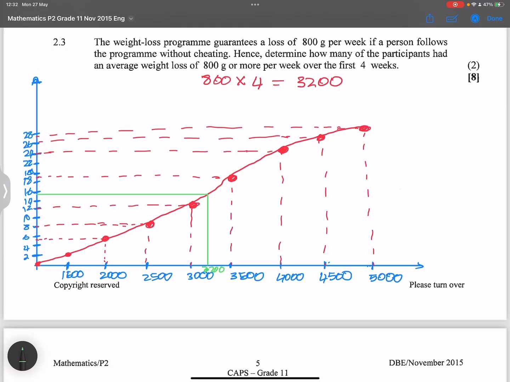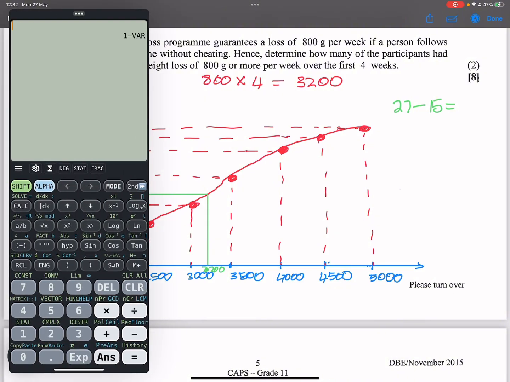So how many people would that be? That's going to be 27, the total number of people, minus 15. So 27 minus 15 would give us 12.